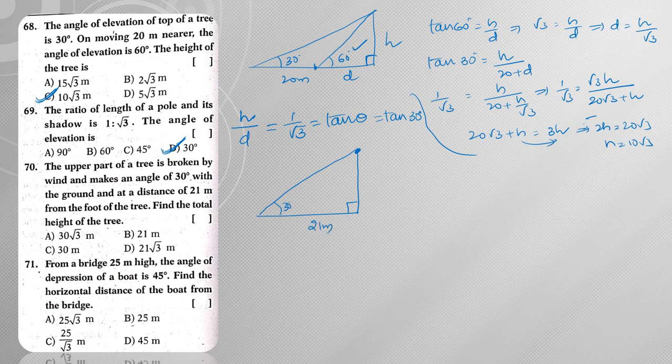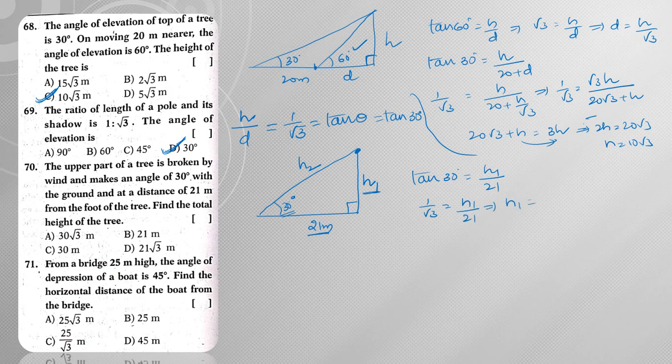Now find the height of the total tree. That means this particular part h1 and this particular part h2, if I combine, that will be the actual height of the tree. Now with respect to this 30 degrees angle, this is my opposite and this is my adjacent. Then applying tan 30, tan 30 is equal to h1 by 21. So tan 30 is equal to 1 by root 3, which is nothing but h1 by 21.